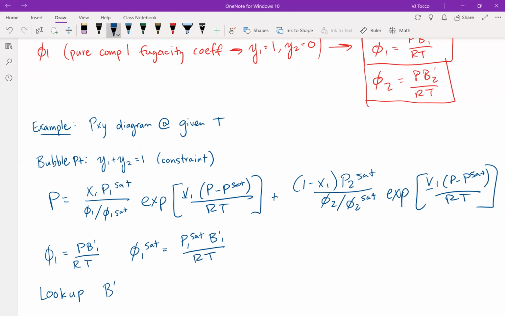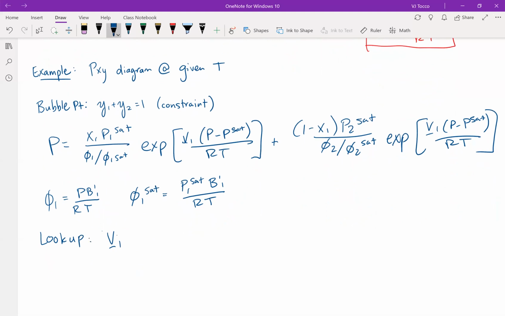I'd have to look up V under bar 1, and I would have to calculate phi based on virial coefficients B prime 1 and P set 1. All right, I think that would be all I would have to calculate and look up.